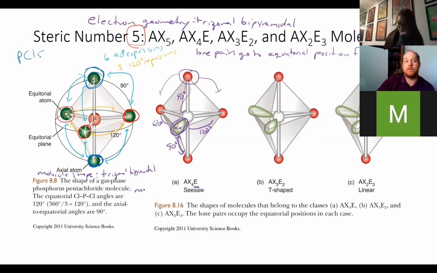And so the molecule shape, if you have an AX4E where you've replaced one of those with a lone pair, is called the seesaw shape. And it's kind of a weird thing. I'm going to try to draw it out a little differently so that you can see where the seesaw shape comes from. Right, there's my seesaw shape. I don't know who came up with this idea, but somebody did. It's kind of amusing.